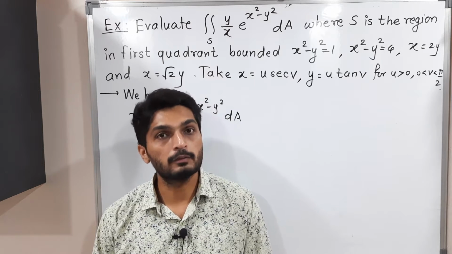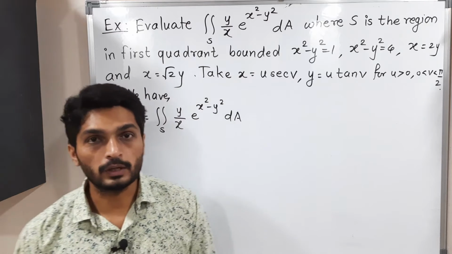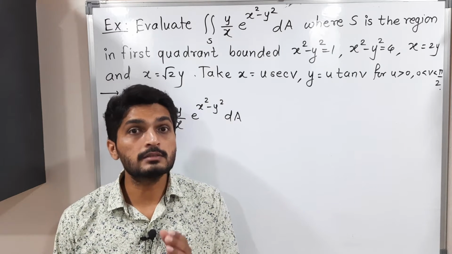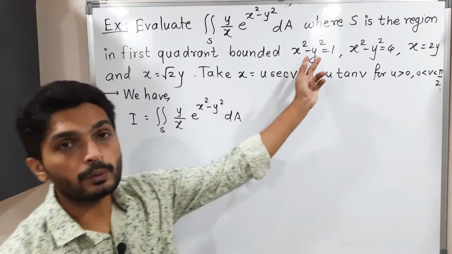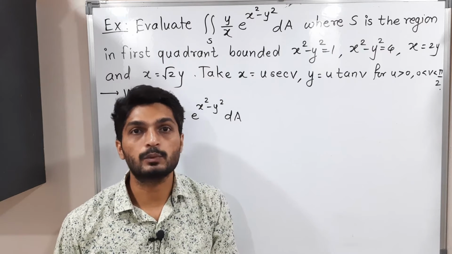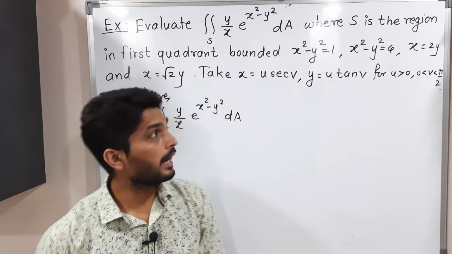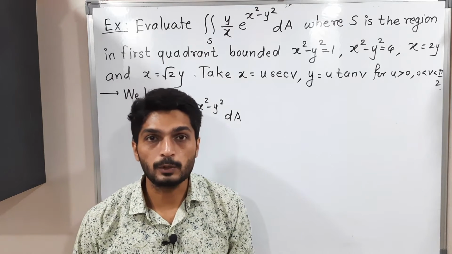First of all, we need to write the given integral, which is already written here. After that, the important thing is the region bounded by. What have they mentioned? The region bounded by these two hyperbolas, x square minus y square is equal to 1 and x square minus y square is equal to 4, and these two lines, x is equal to 2y and x is equal to root 2y.